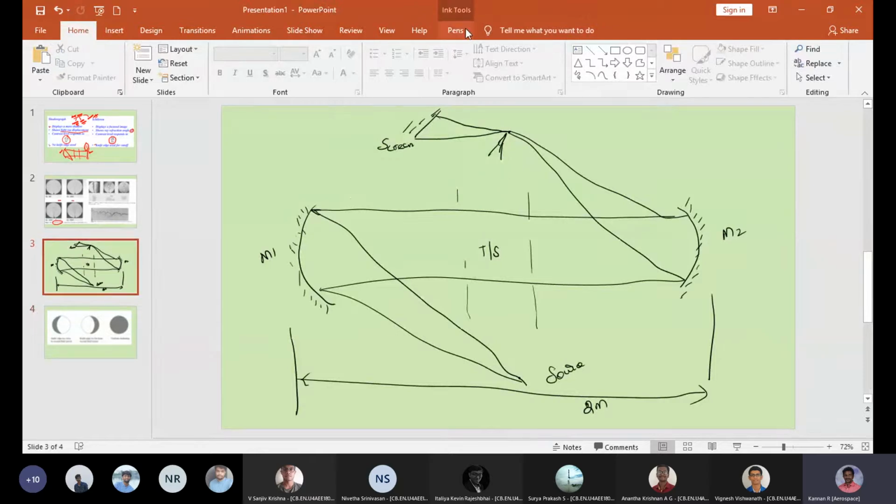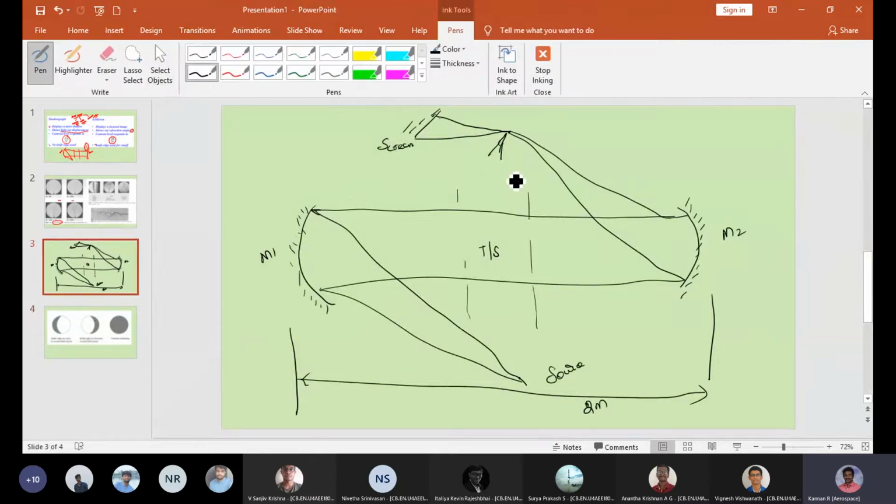Here your knife edge is going to be placed here.